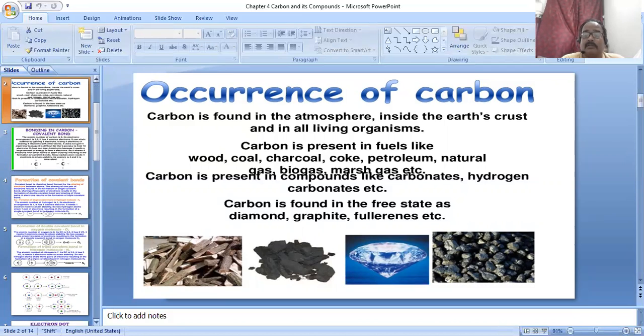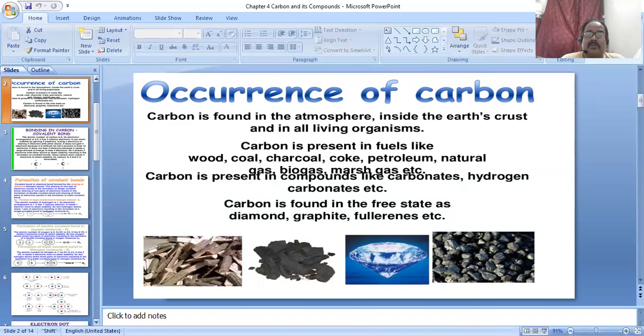So carbon: atomic number 6 and mass 12, next 6 and 13, next 6 and 14. All these are isotopes of carbon.